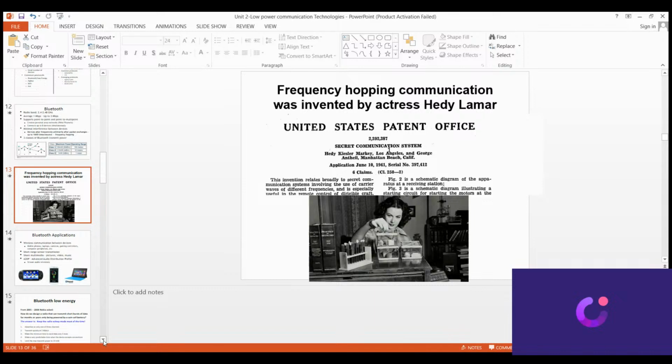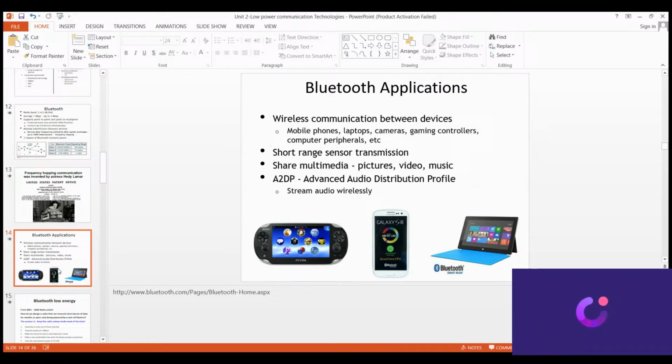This is applicable in Bluetooth technology. Bluetooth application: you use Bluetooth for wireless communication between devices, such as mobile phones, laptops, cameras, gaming controllers, computer peripherals, and so on.